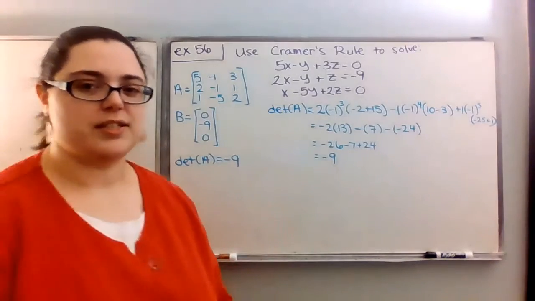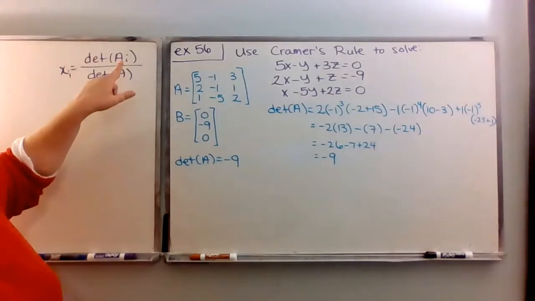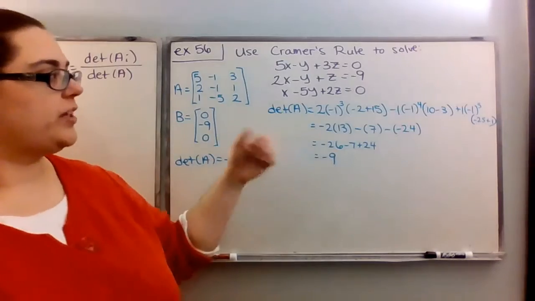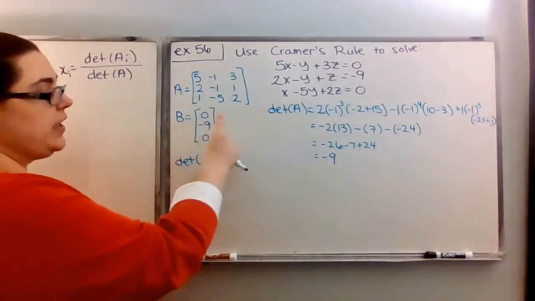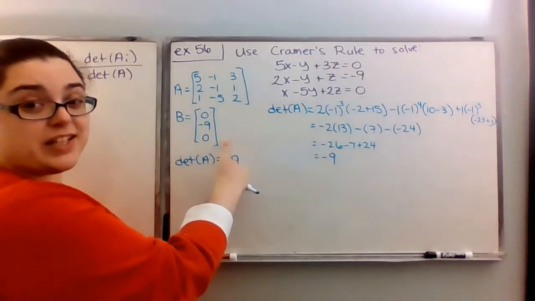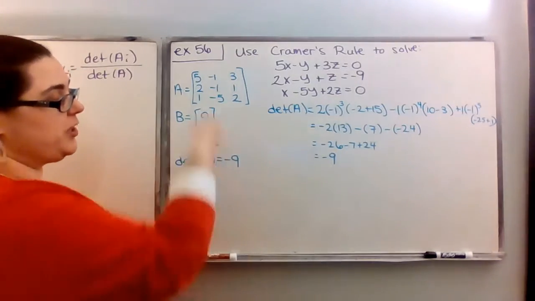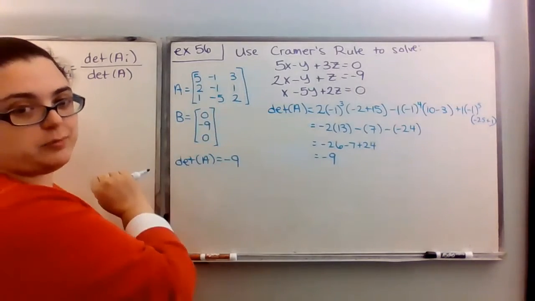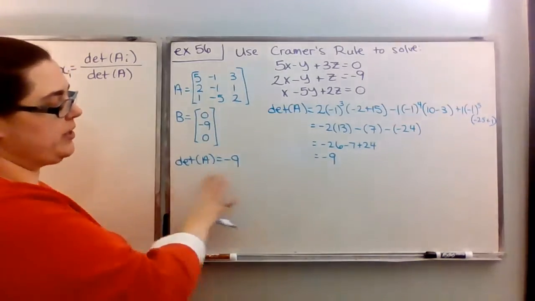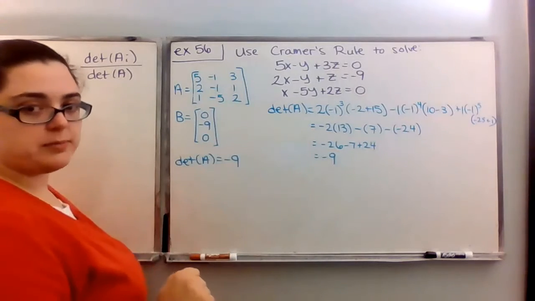But the good news is when we go to find the determinants of the A_i's, we're going to be replacing the ith column with B. And B has 2 zeros. So that's going to enable us to find the determinant along that new column. And we'll really only have to focus on this -9 piece.